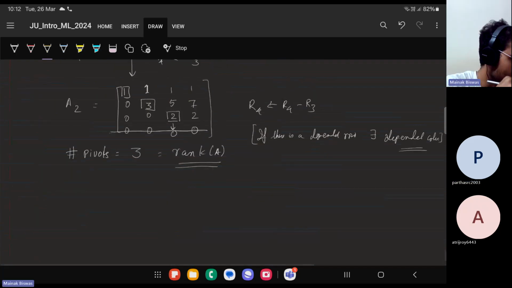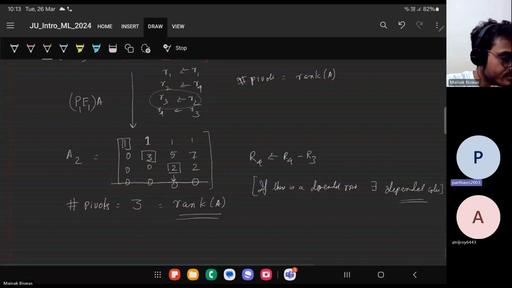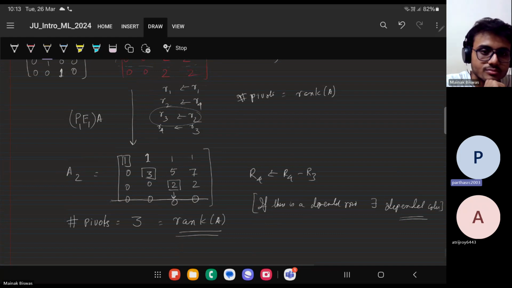I will give you homework also. I thought I would not give you homework to do this, that you'd write a code, but I think now I have to. Good. Whenever you can do row operations, you move diagonally.